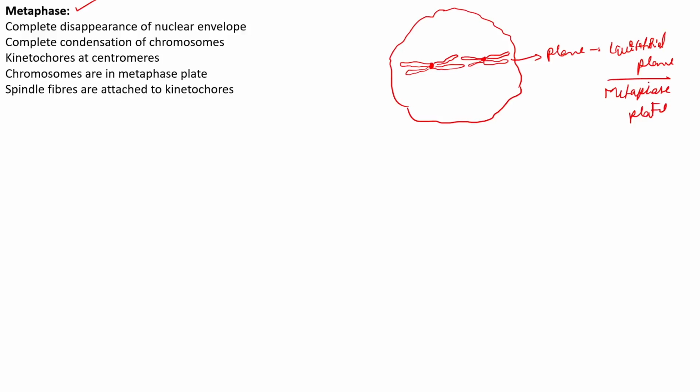Now the chromosomes have condensed to their most compact form. The chromosomes are clearly visible in the metaphase. You will be studying karyotyping in the chapter on principles of inheritance and variation, and also in reproductive health.